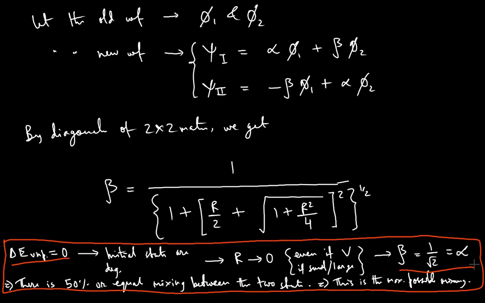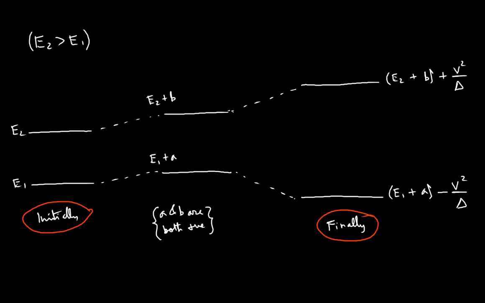Now, before I finish today's lecture, let me just talk about something. And what's that? So you see, we have seen that our results, because of the perturbation, give us this thing, right?